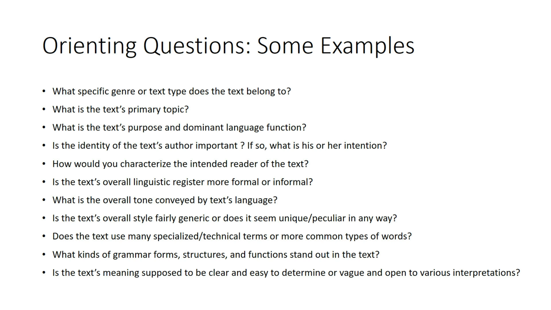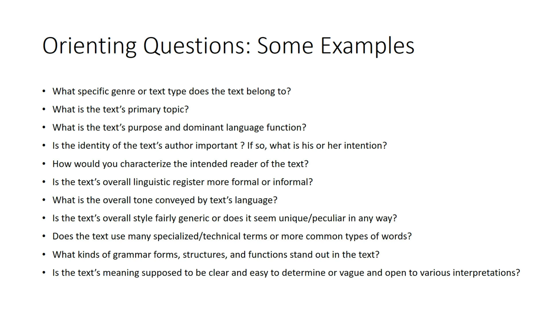So things like, what's the genre, what's the purpose, what's the dominant language function? Is the identity of the text's author important? If so, what is his or her intention? How would you characterize the intended readership of the text? Is its overall linguistic register more formal or informal? What's the overall tone that its language conveys?